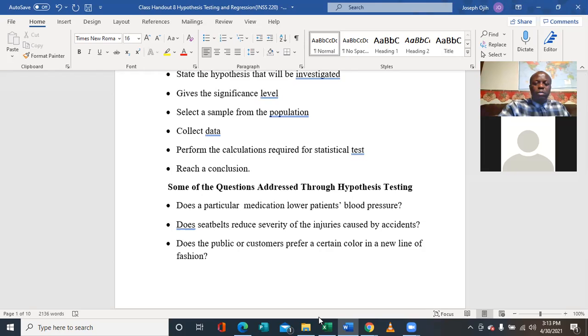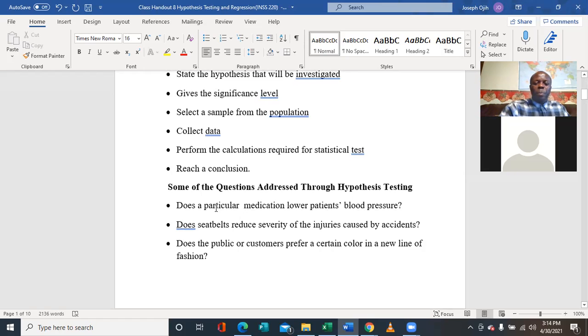For those in the medical field: does a medication lower blood pressure? For those in public safety: do seatbelts reduce the severity of injuries caused by accidents? There have been many claims that they do. How are those claims proved to be true?